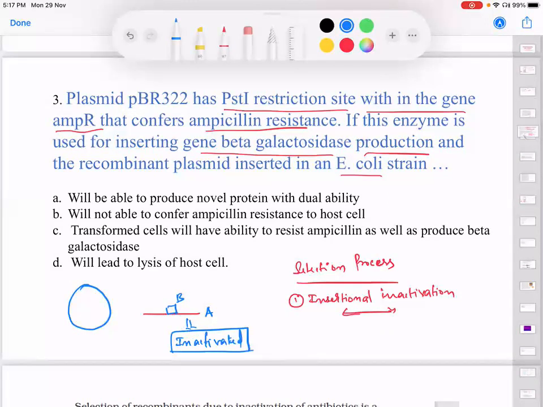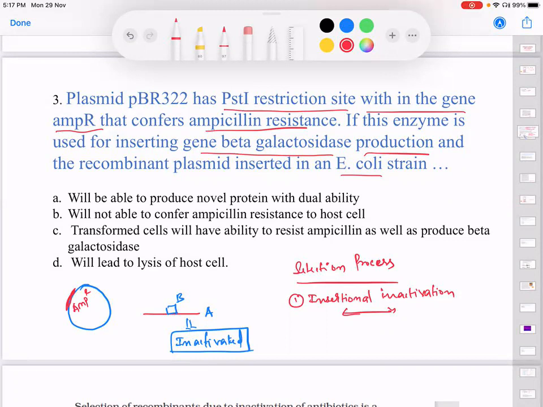The PBR322 plasmid has a gene which confers ampicillin resistance. So this is going to be the ampicillin resistance gene, which cleaves the ampicillin. So a cell which is sensitive to ampicillin will be resistant due to this plasmid containing this particular gene.